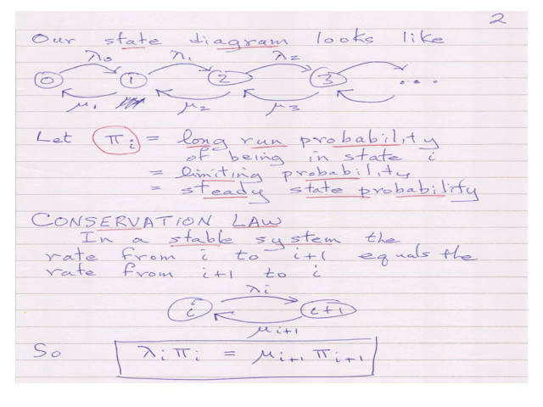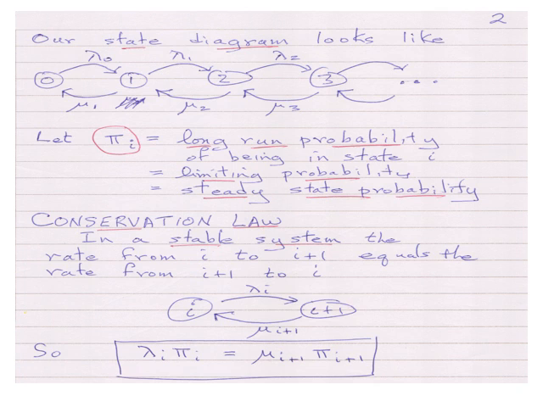The way we're going to do it is we're going to use a conservation property. If we have a stable system, in other words, one that is not periodic and one that doesn't just keep on getting bigger and bigger, then the overall rate from state i to state i plus 1 should match the overall rate from state i plus 1 to state i. Now, in order to move from i to i plus 1, you have to actually be there.